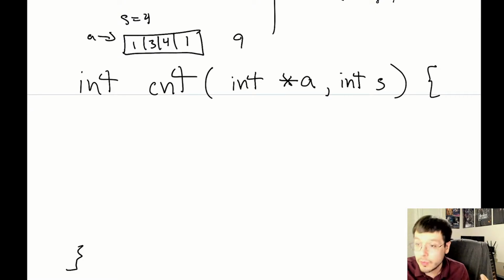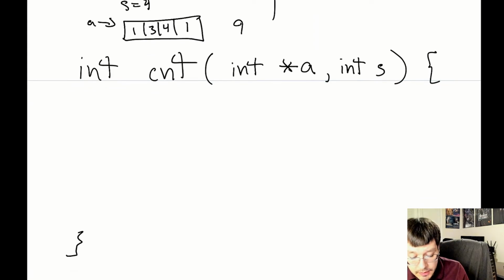Because 1 plus 3 is 4, plus 4 is 8, plus 1 is 9. And so I want to do it recursively. Could I do it iteratively? Yes, I could. I could just do a little while loop that counts each spot and keeps a count of that. And when it's done, it just prints it out or returns it, right?